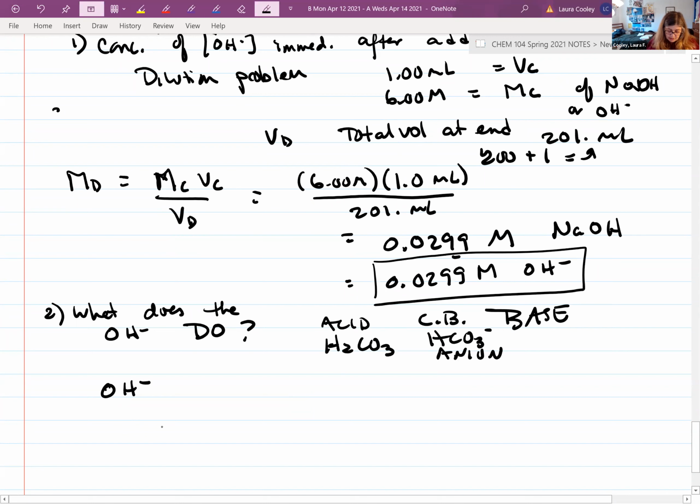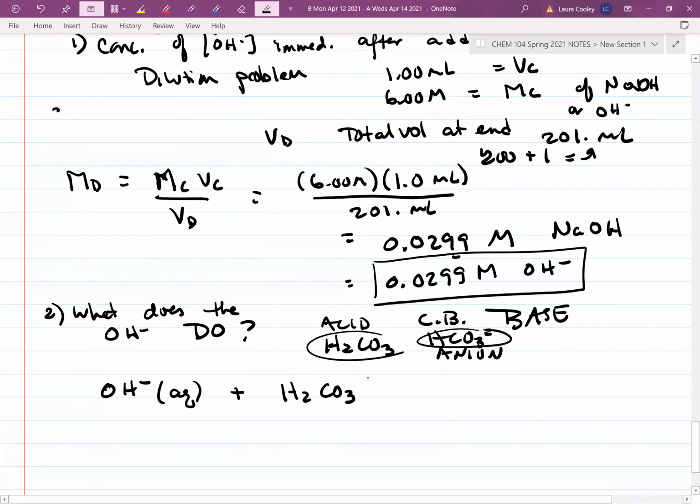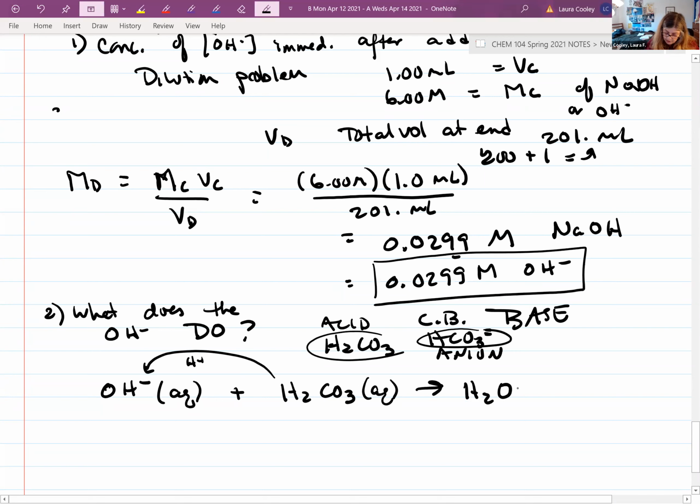So what will hydroxide react with? Which of these components? H2CO3. That's right. And it will accept a proton because it's a base, giving water and HCO3 minus.